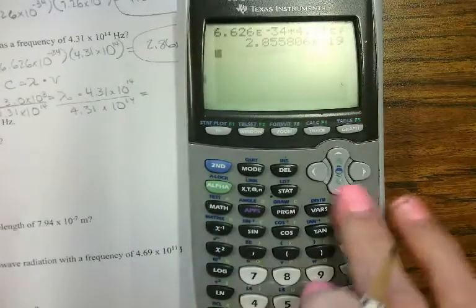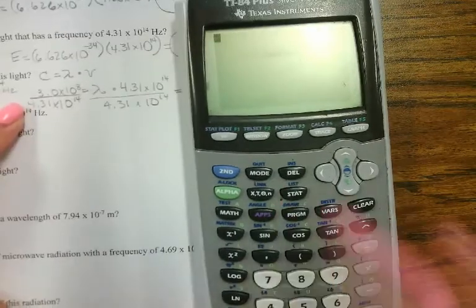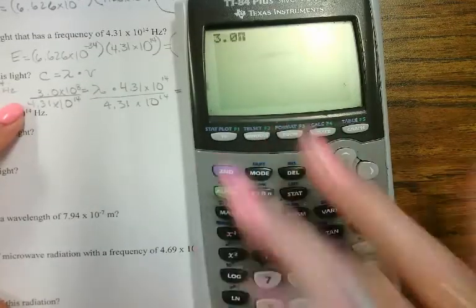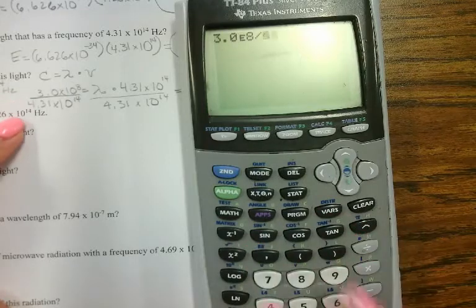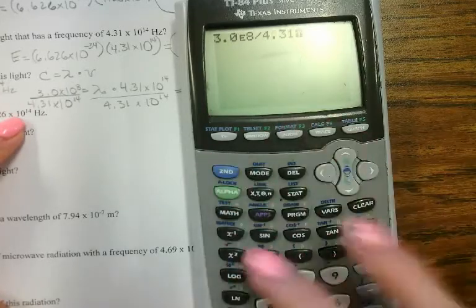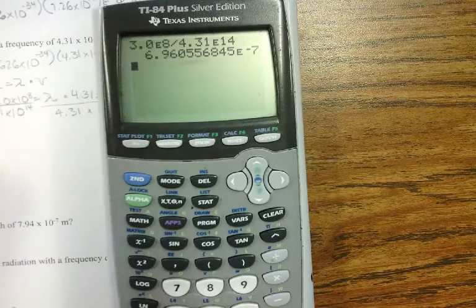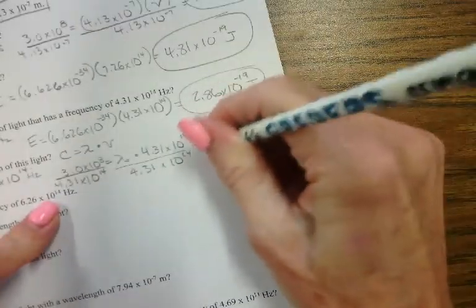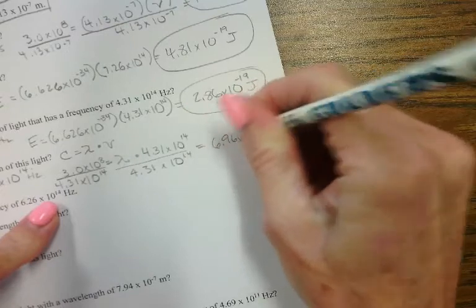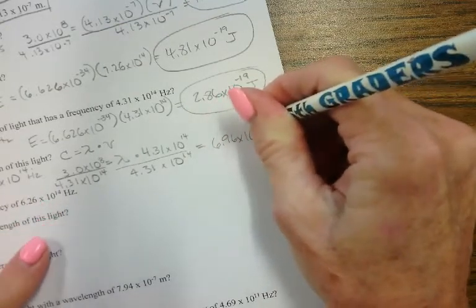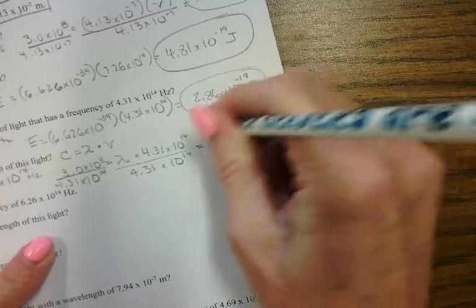Okay, and wavelength is 3.0 times 10 to the 8th divided by 4.31 times 10 to the 14th. 6.96, sorry about that, 6.96 times 10 to the minus 7. And the unit for wavelength is meters. There you go.